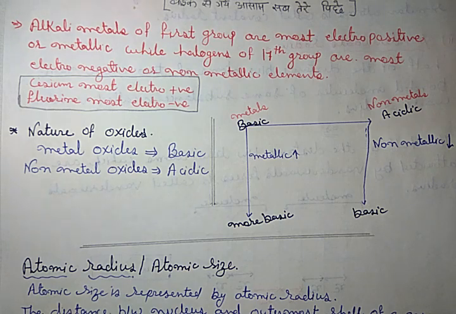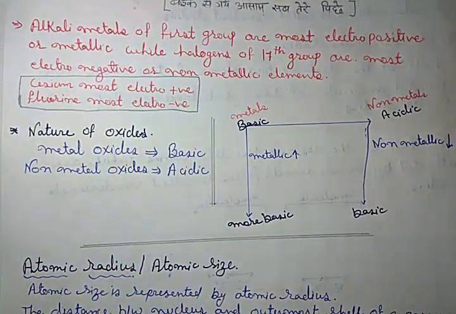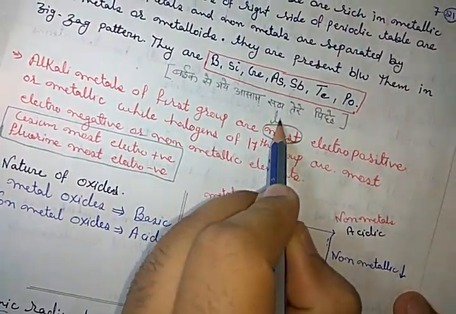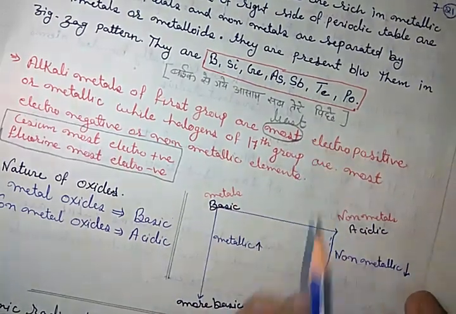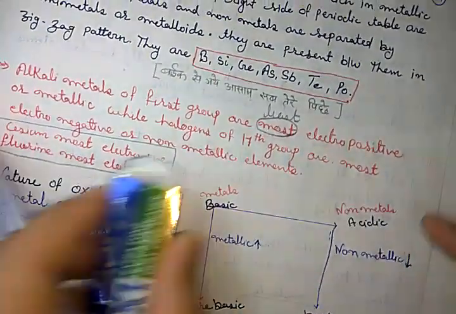So they are most electronegative, while the halogens of the 17th group are least electropositive. Sorry, that is electropositive, that's okay. That is electronegative.